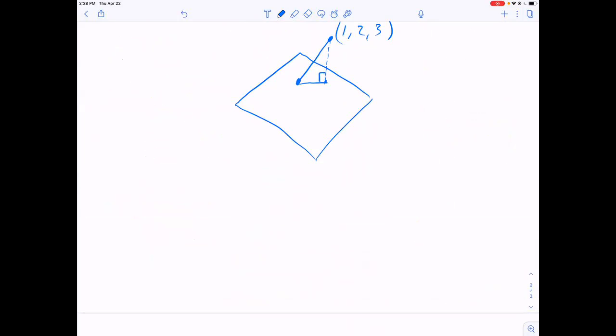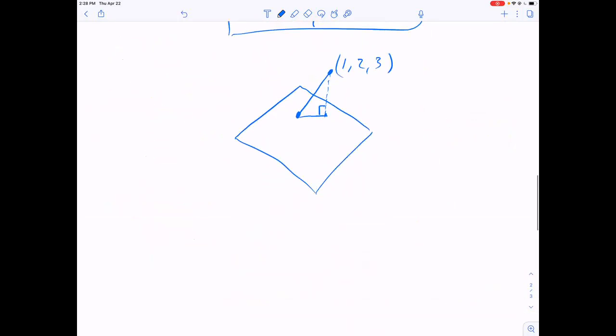Right, so what I was trying to get you to do here was notice that if you can draw a right triangle like this on the plane that goes up to this point, then this leg of the right triangle is the shortest distance.